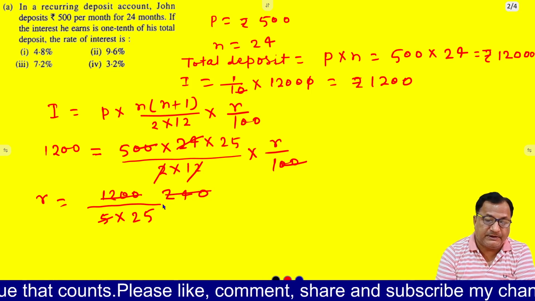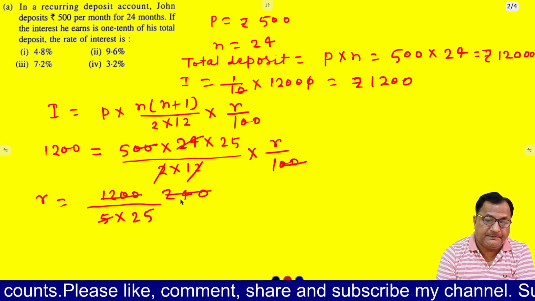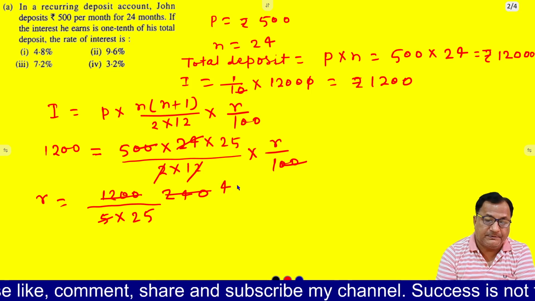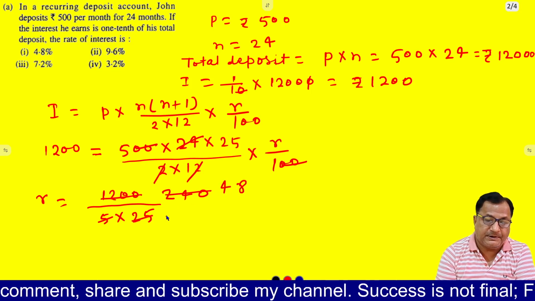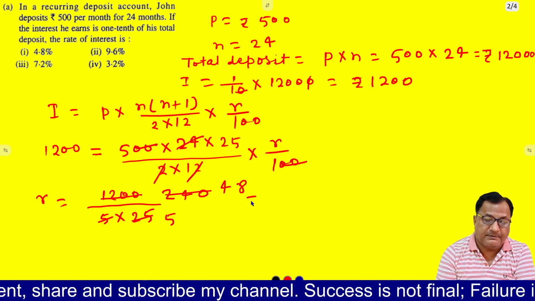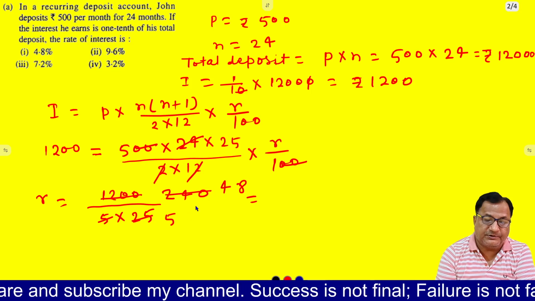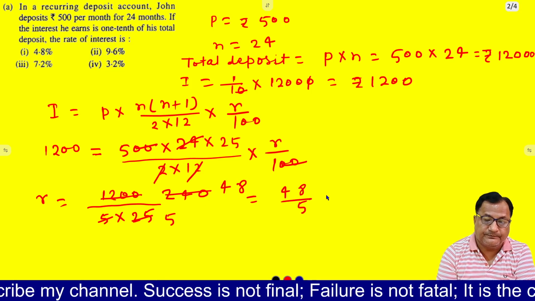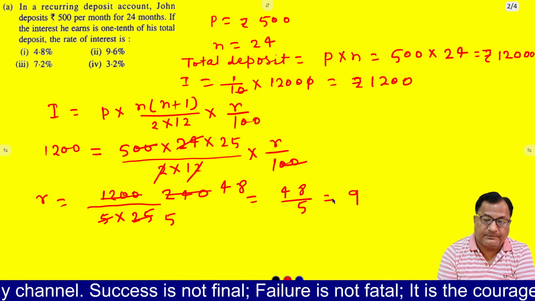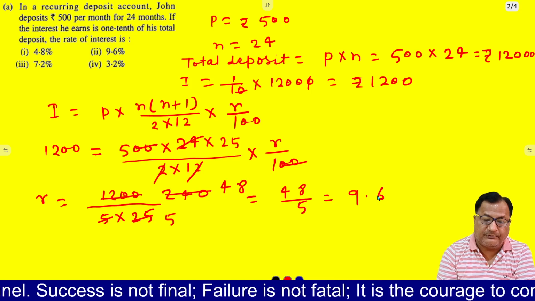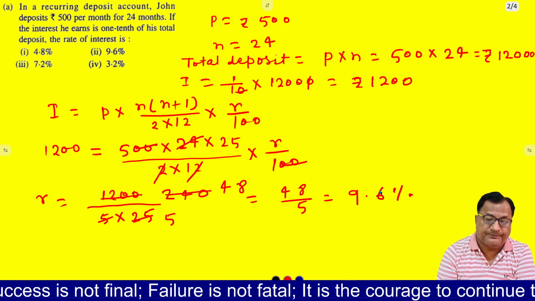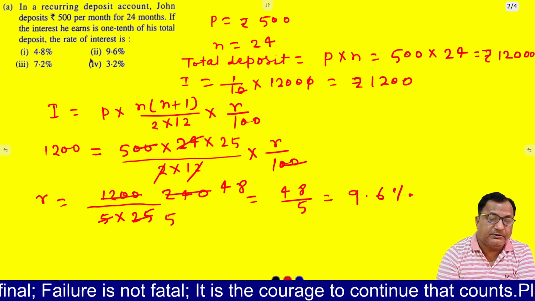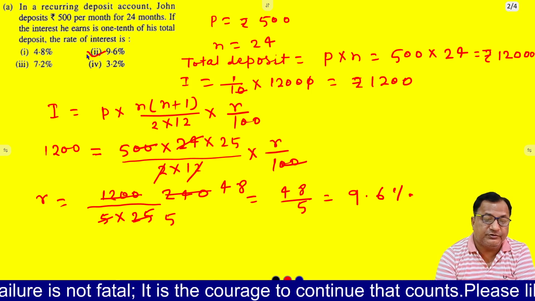Again it will cut by 5 and put it by 5. R is 9.6%. So option number 2 is the answer.